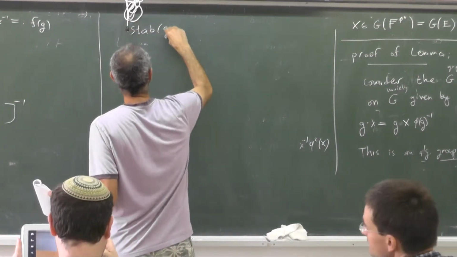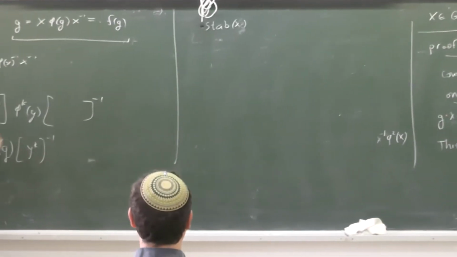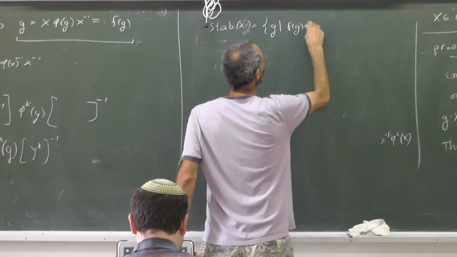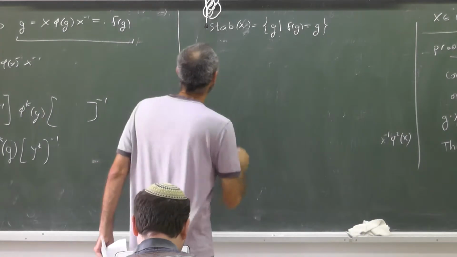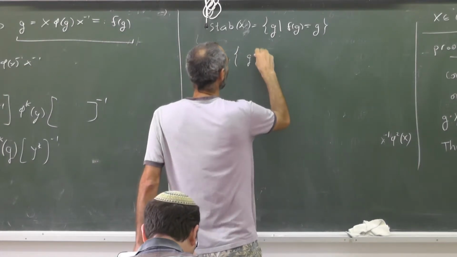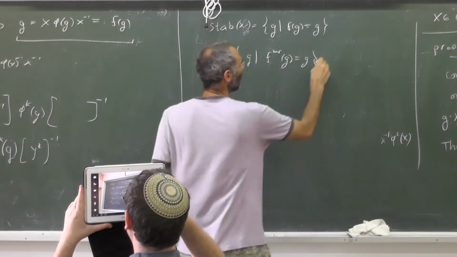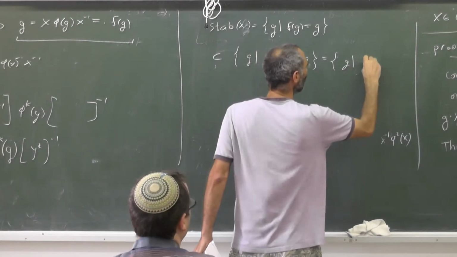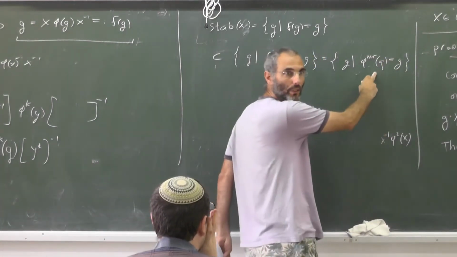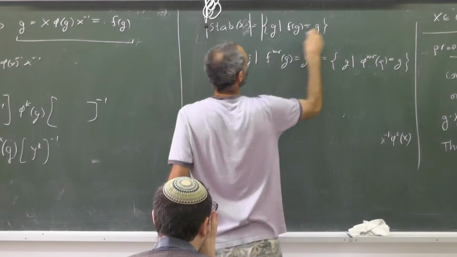So the stabilizer of X, sorry, of G at X, is all those things that are fixed points of F. And obviously it is included in the fixed points of f to the m r, which is the same as the fixed points of phi to the m r, and this is the equation defining some finite field extension.